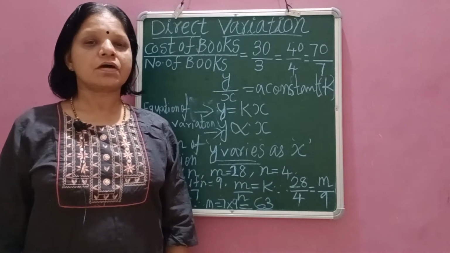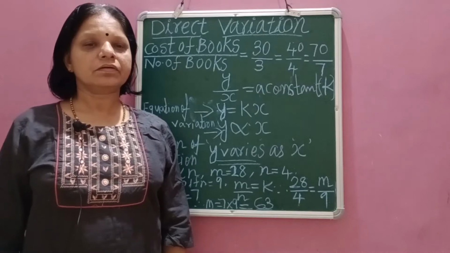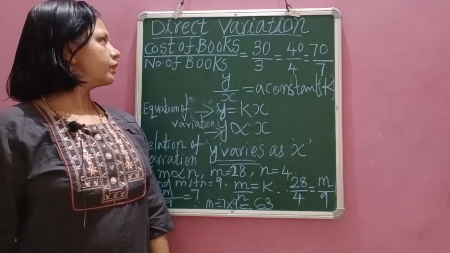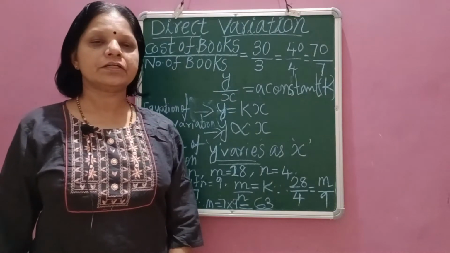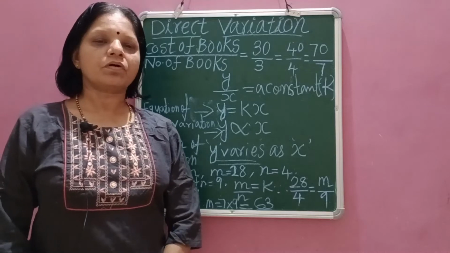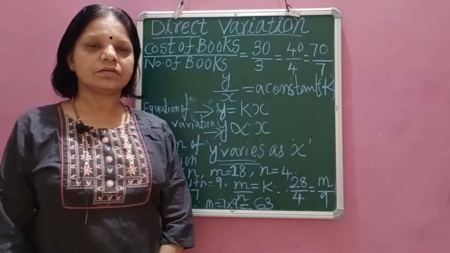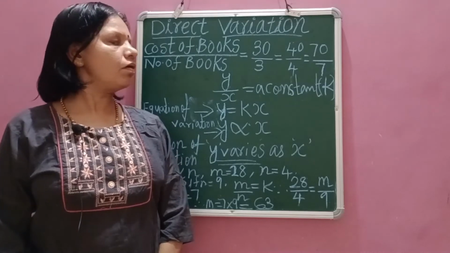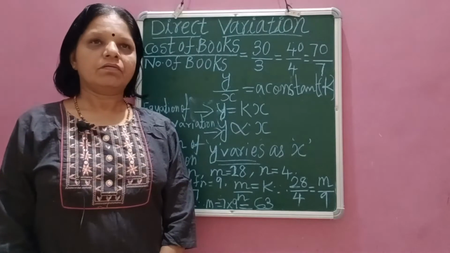So let us start today's lesson with a new topic, that is direct variation. Before going to the concept of direct variation, I would like to explain the meaning of variation.